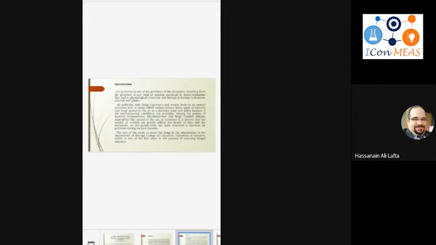Introduction. Air pollution is one of the problems of the ecosystem, resulting from the presence of solids or gases, materials, or microorganisms that lead to physiological, economic, and biological damage to humans, animals, and plants. Air pollution with living organisms and wastes leads to an annual economic loss of about $5,000 million.